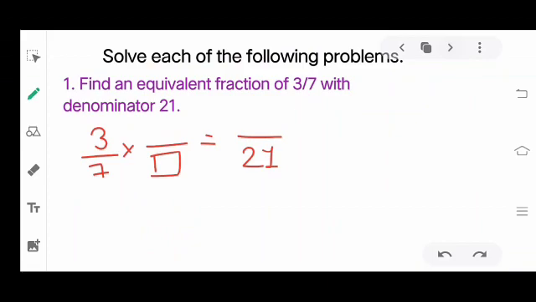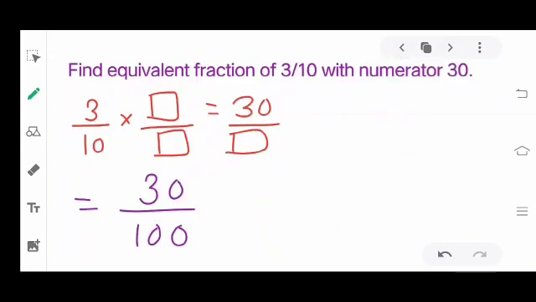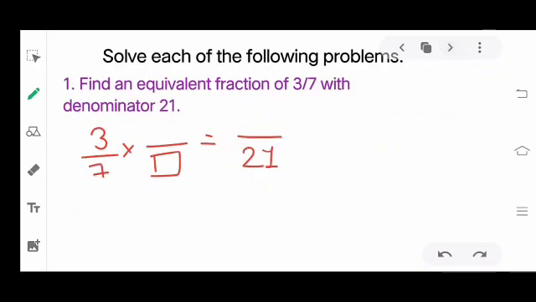Students, the last question is the same as this, but there are a few changes. For example, here the question is based on numerator and our next question is based on denominator. When we learn about denominator, you have to multiply the same number. There are no changes in method.